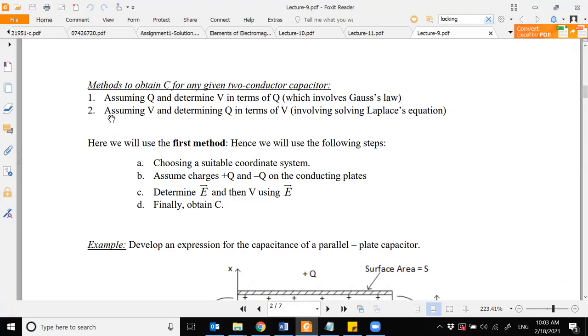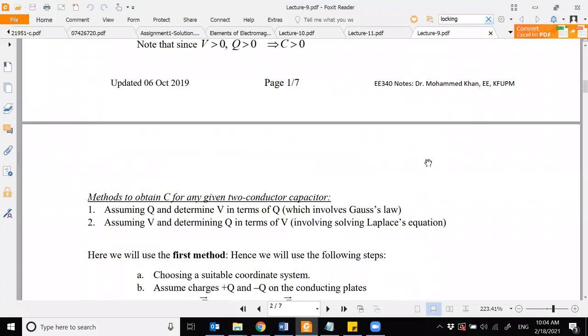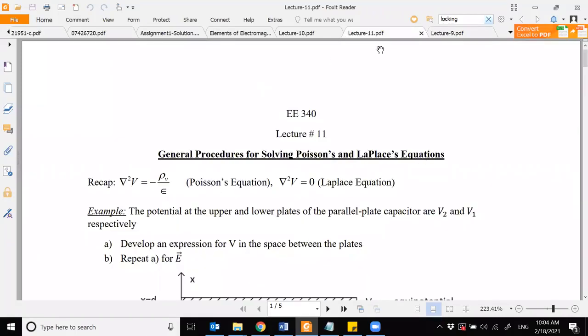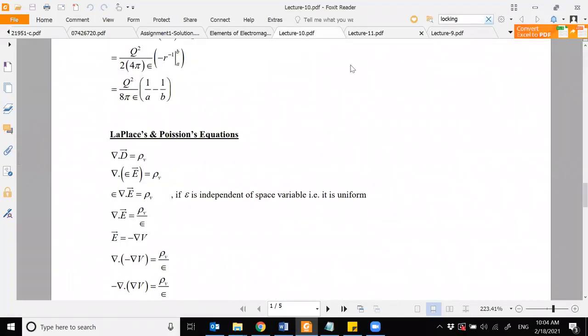Now, we are doing the second part, where the potential is known to us, and then from the potential, we determine the charge and also the capacitance. And therefore, this requires the Laplace equations. Clear? So, any questions in the last two lectures?